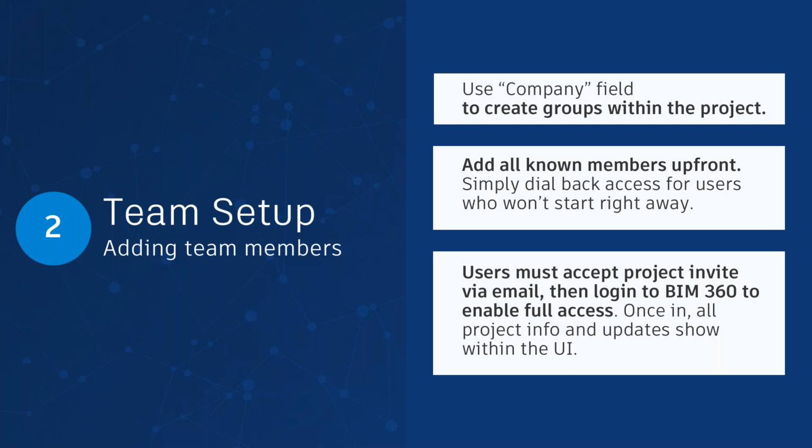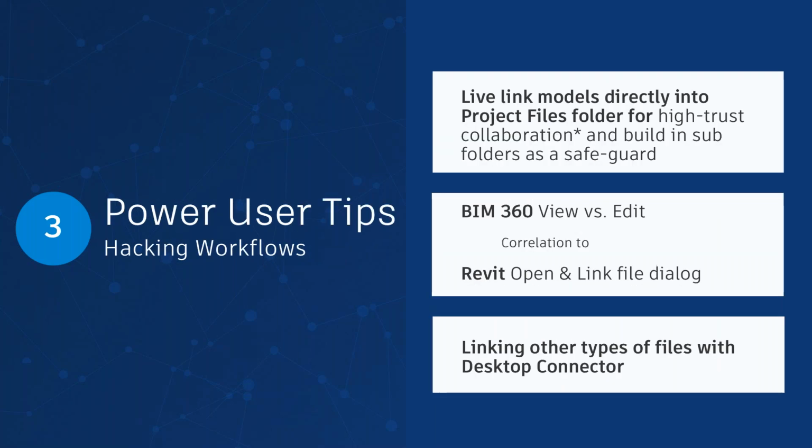And then I think, do I have one more slide of tips? I think so. Yeah. So again, you can emulate the higher trust environment of the previous generation, right? So you can basically give people access to other folders to live link.